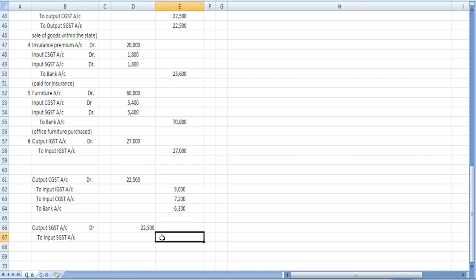So input here is 7,200 and the remaining will be adjusted through the bank account. Here it will be 15,300.